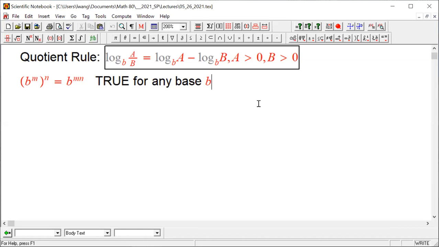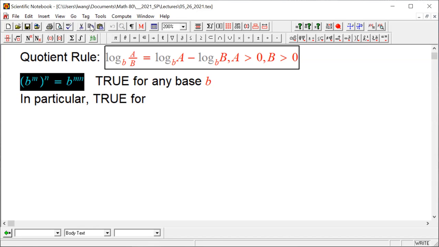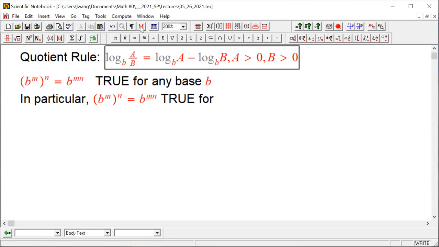Yes? Well, except in some cases, we don't want the denominator equal to 0. And in particular, it is true for base b with 0 less than b and not equal to 1, of course. So that is true.